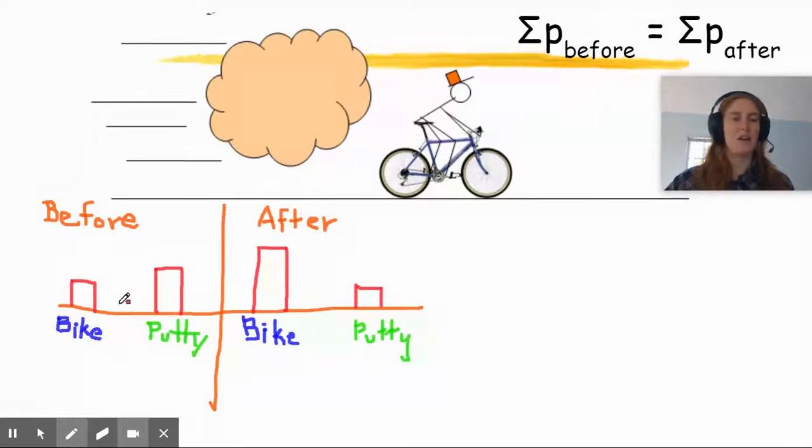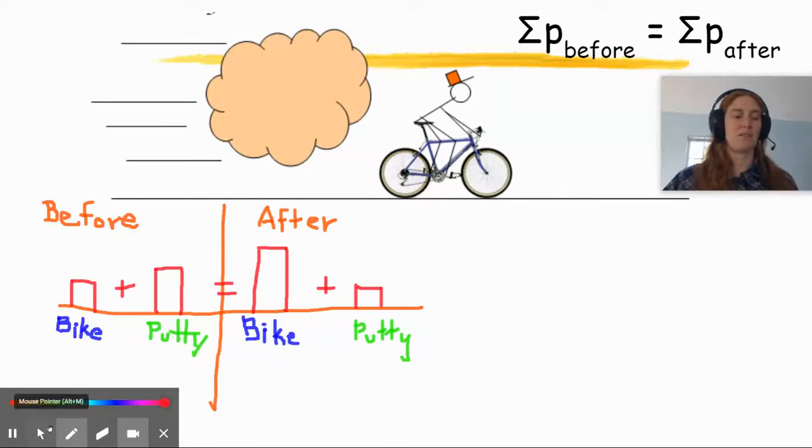Okay, so here we go. So if I add these two together, and I need these to be equal to this side, and I can do plus over here. And then I can think of this as momentum of the bike and momentum of the putty. So let me just put in mass times velocity for each of these.